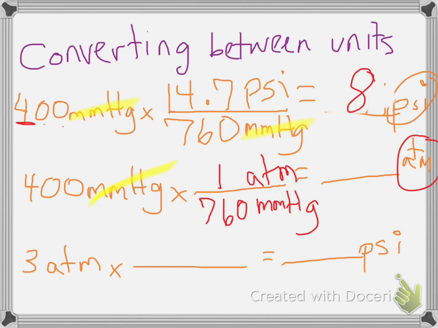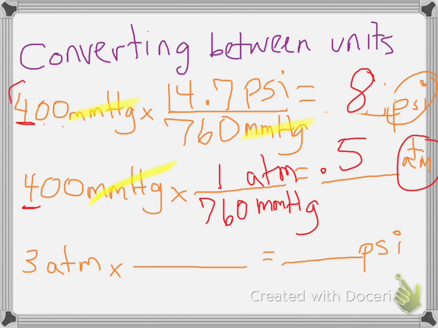So I do 400 times 1, which is 400, divided by 760. And I get 0.526315, and the number goes on, but this has only one significant figure, so I'm going to round to one significant figure, so it's just going to be 0.5 ATM.